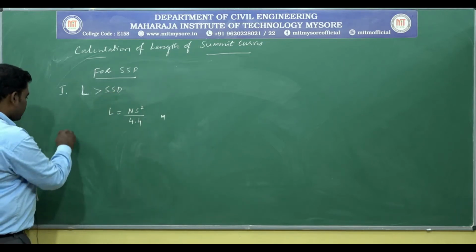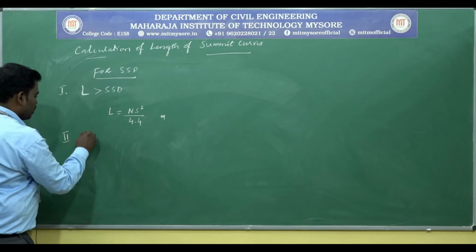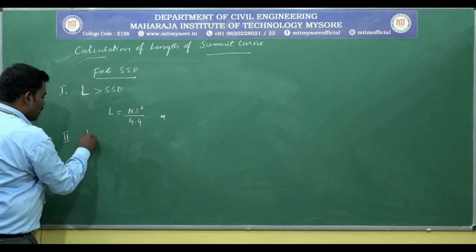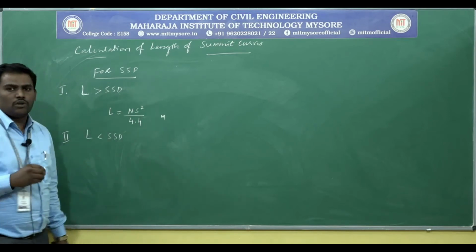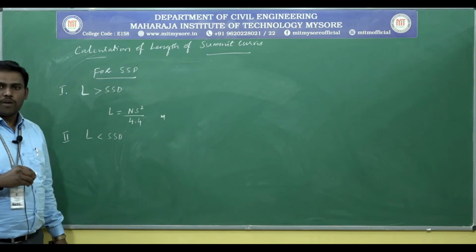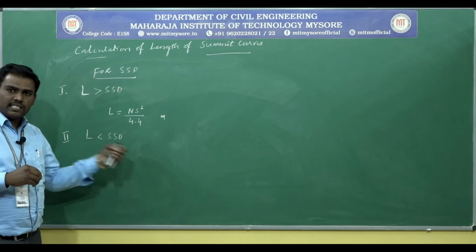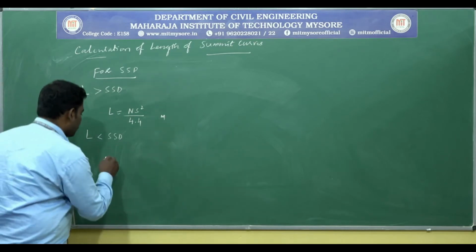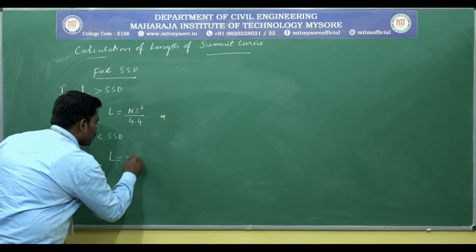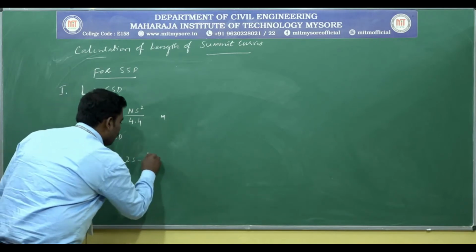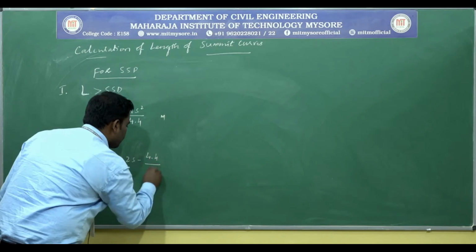What is the second case? Assume L is less than S, meaning length of summit curve is less than stopping sight distance. For this we have an equation: L is equal to 2S minus 4.4 divided by N.